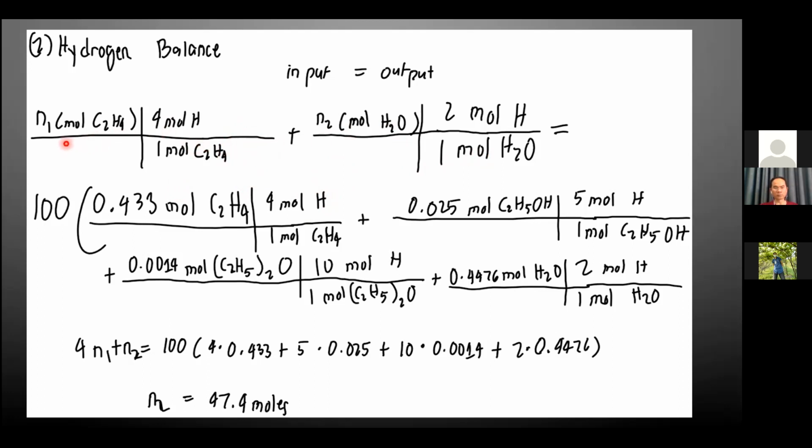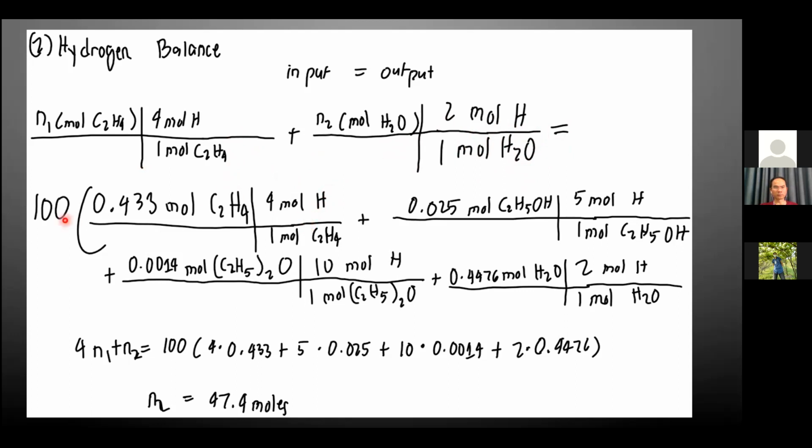For the N1 that we solved earlier, in 1 mole of C2H4 there are 4 moles of hydrogen. We're just going to count the moles of hydrogen in each compound. And then also N2, which is water, is in the input reactor. In 1 mole of H2O, there are 2 moles of hydrogen.